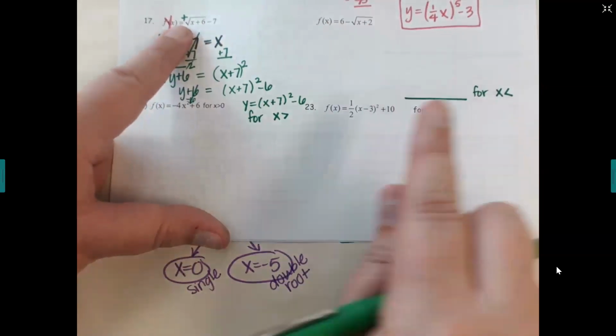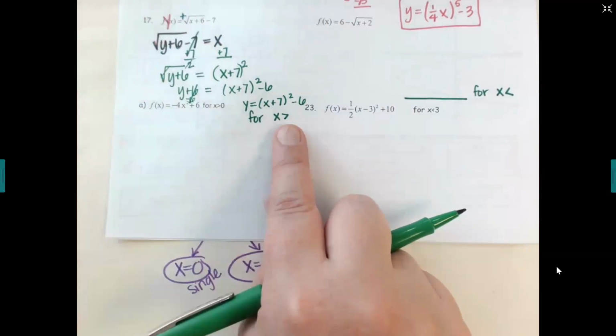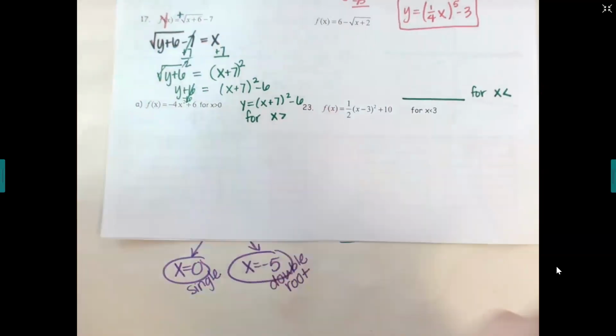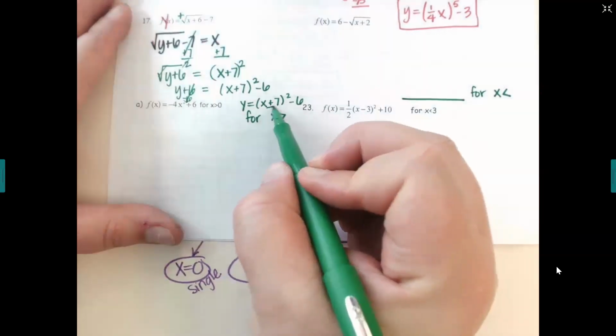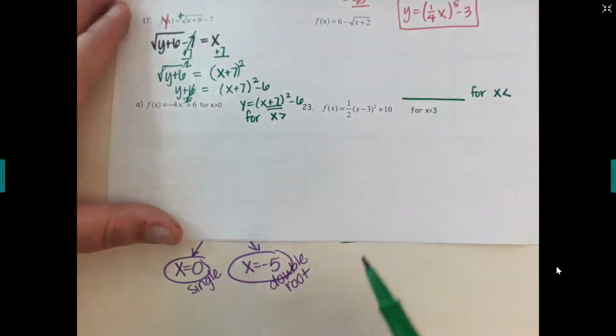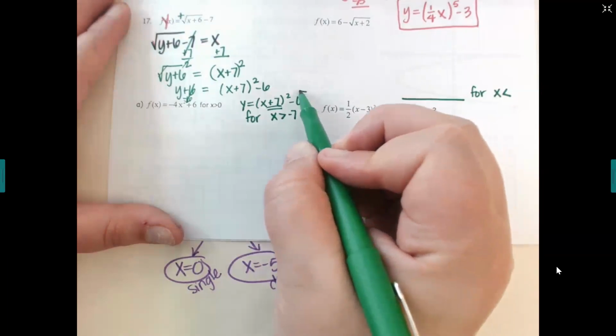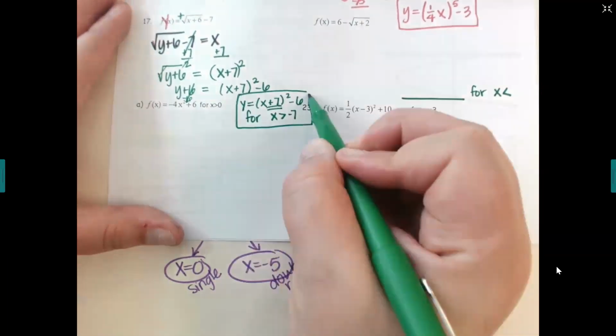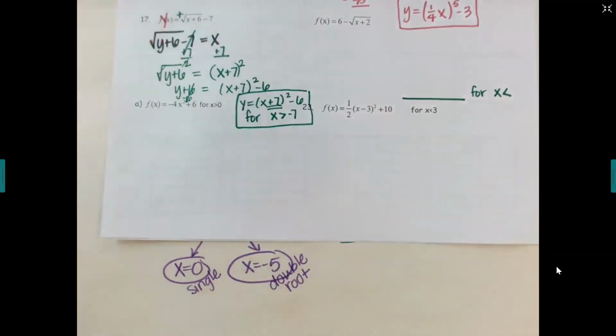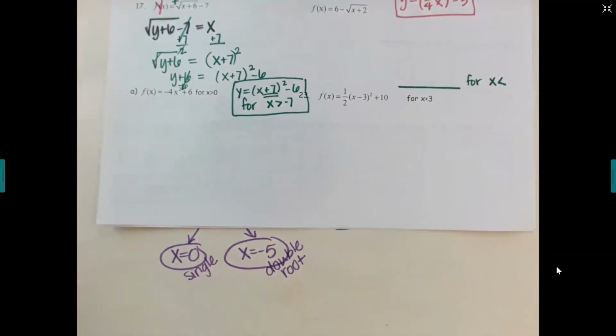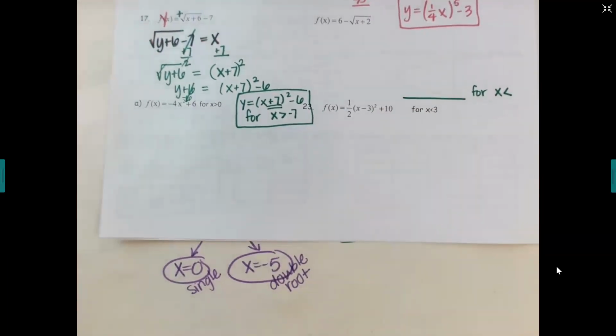Okay, and then the number that you put here is going to be the opposite of what's with your x. So for example, if it was an x with a plus 7, what's the number going to come out to be? Negative 7. Okay, and for those questions on your test, you'll have at least one that's multiple choice to help you remember that part.